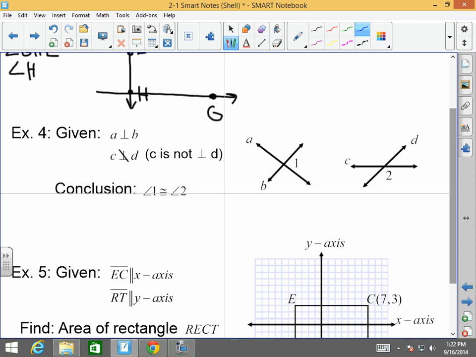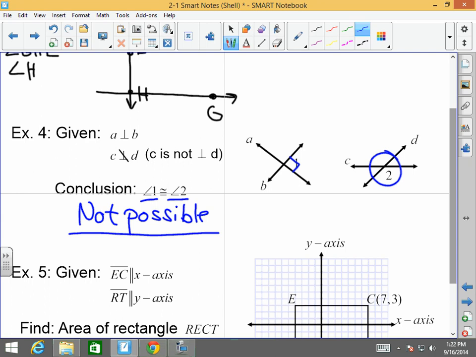Very good. If A is perpendicular to B, that means this is 90. But if I tell you that C is not perpendicular, that means that none of these are 90. So how could angle 1 be congruent to angle 2? So this is not possible. Not possible. Okay? Not if I tell you one is perpendicular and one is not perpendicular.